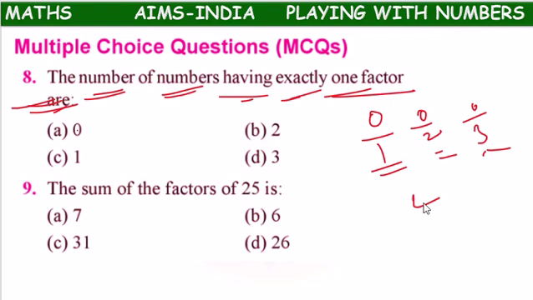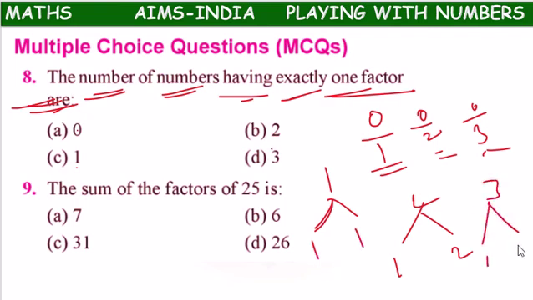The factors of 2: 2 is divisible by 1 and 2. The factors of 1: 1 is divisible by only 1. The factors of 3: 3 is divisible by 1 and 3. So which of the following has only one factor? C option, 1.